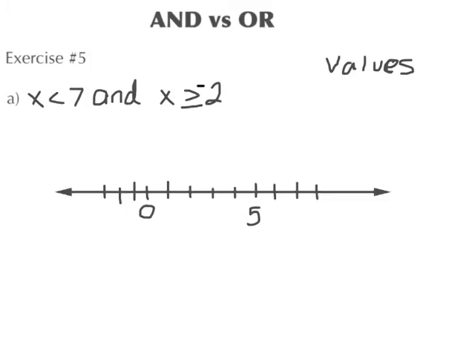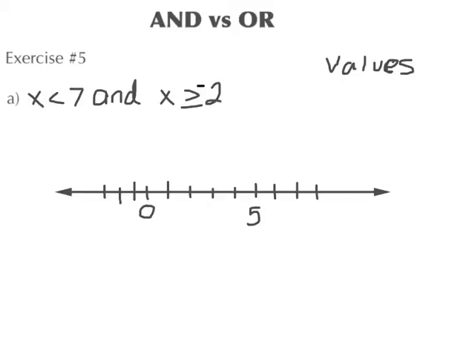Now that we have talked about true and false statements and what makes a statement true and what makes an overall statement false because of dealing with the words and, or, we're going to show you in picture form now. So the first exercise, exercise A in number 5, wants you to list the values, and they have to make this statement true. So I have to go from -2 all the way up to 7.